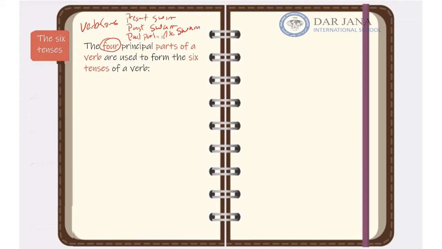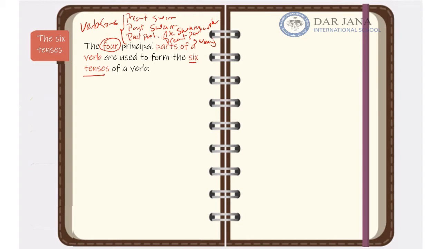And the last form, which is the 4th one, is called the present participle. This is formed by the verb plus ing, which in this case we call swimming. Okay? So these are the 4 basic forms or principal parts of the verb, or what we call the verb forms. Now we use them to form the 6 tenses of the verb.